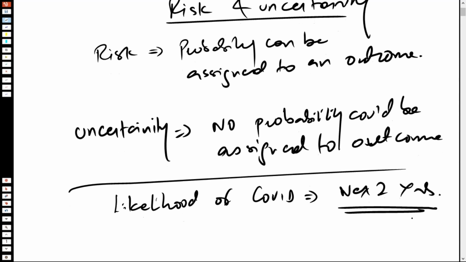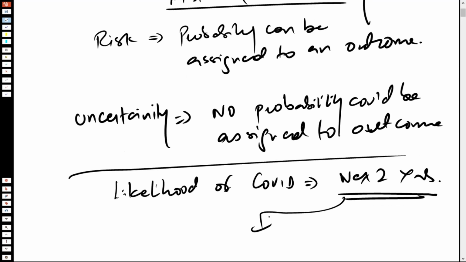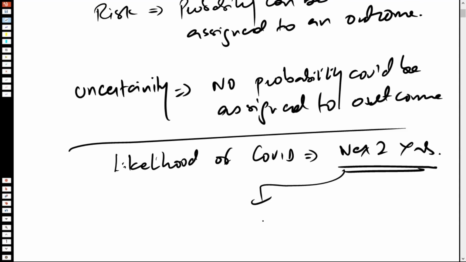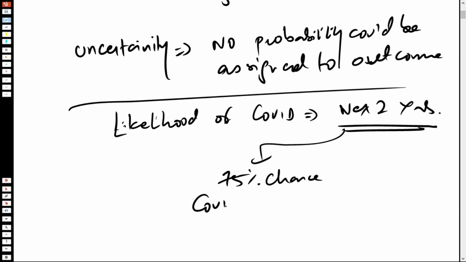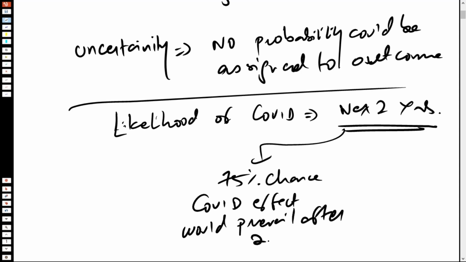Possibly some of you would say that there is a 75% likelihood, a 75% chance that the COVID effect would prevail after 2 years.